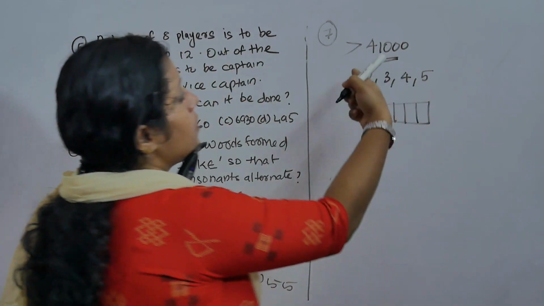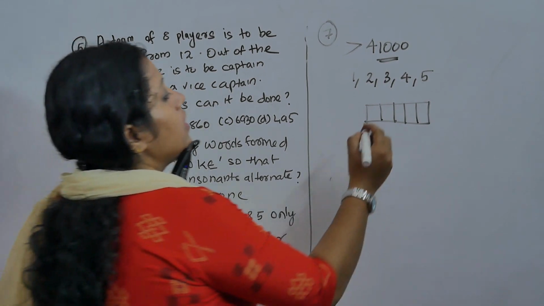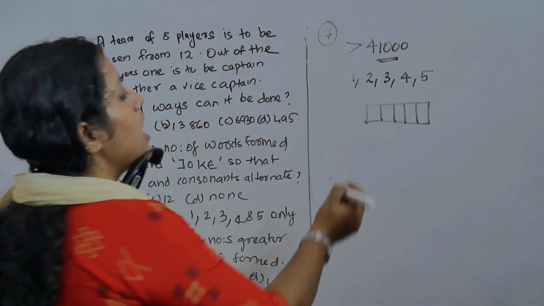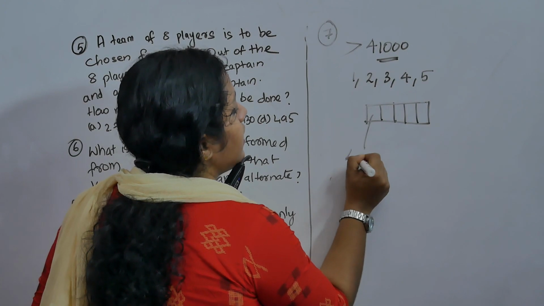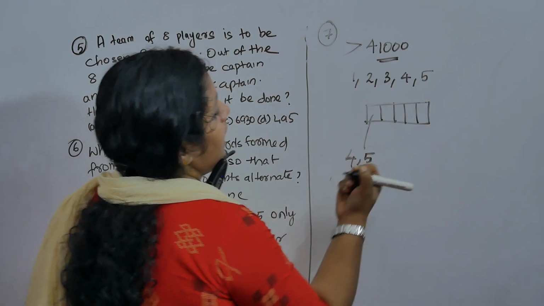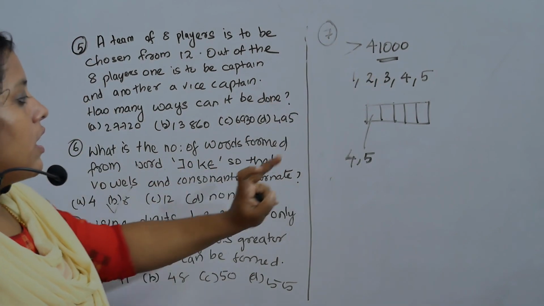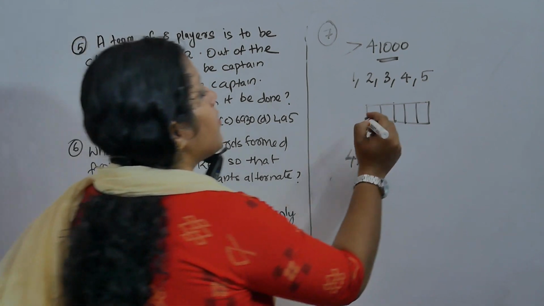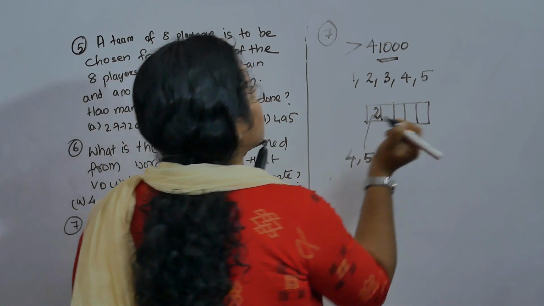Greater than 41000 means in the first position only 4 and 5 are possible. Clear? So 2 numbers are possible.